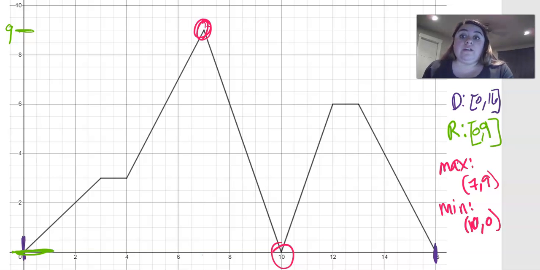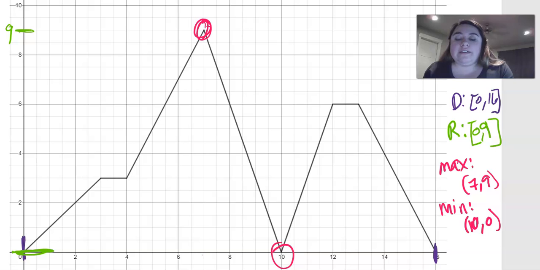Just a couple more things really, really fast. I want to focus on where my graph is increasing. What the heck does that mean? Well, when you increase something, you get more of it. When you increase the value of your house, the price gets bigger and bigger and bigger. It's the same thing on a graph.